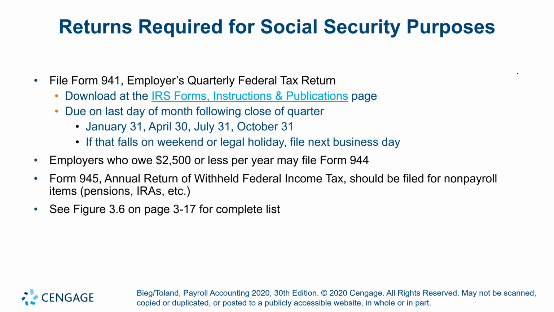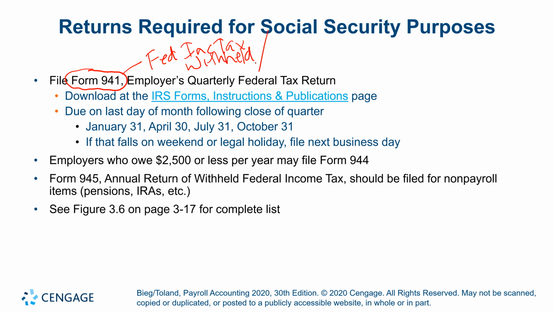All right, so required returns for social security purposes. This form 941, we're going to get practice preparing in this chapter together. Remember, like we said, we talked about this in Principles of Accounting, but this includes the federal income tax withheld from employees' paychecks.